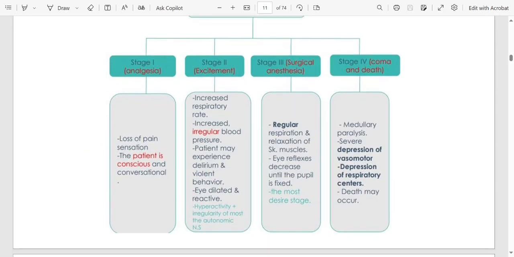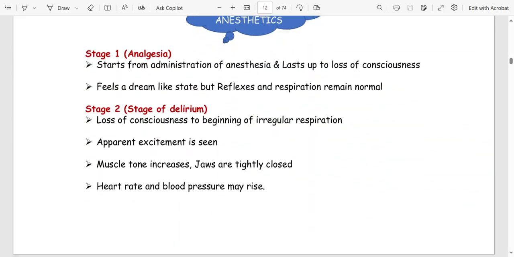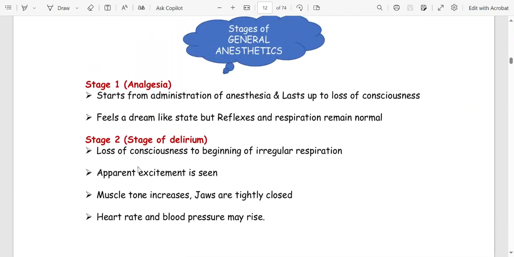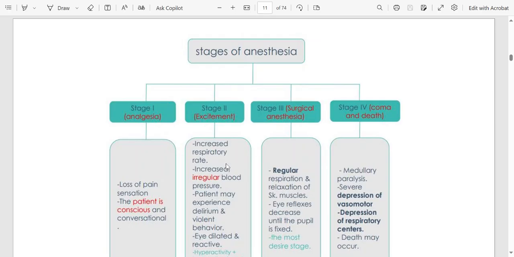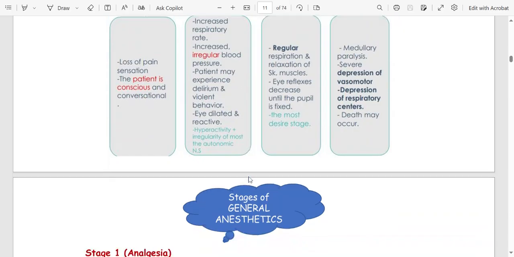Delirium is where someone becomes excited, they are moving around. In this stage, it starts from the loss of consciousness to the beginning of irregular respiration. Remember, you have irregular blood pressure and increased respiration in stage 2.